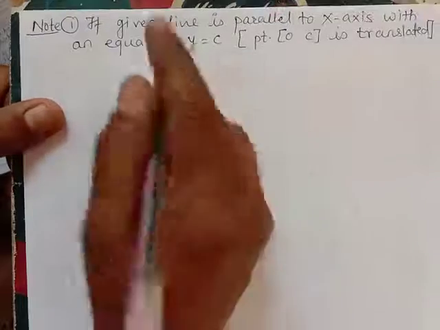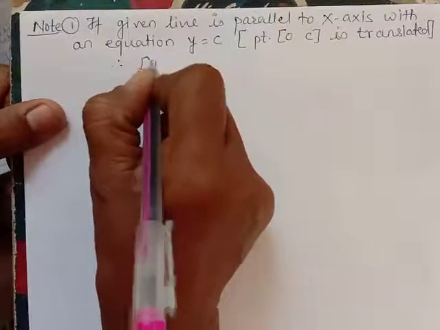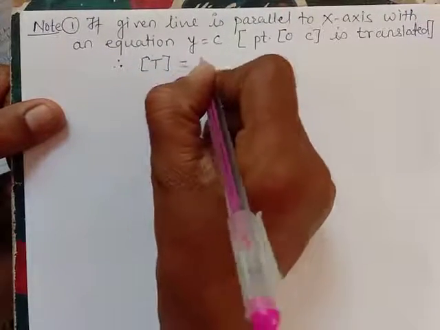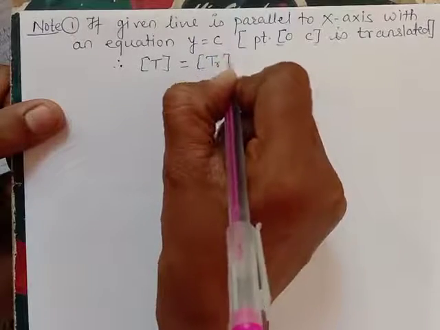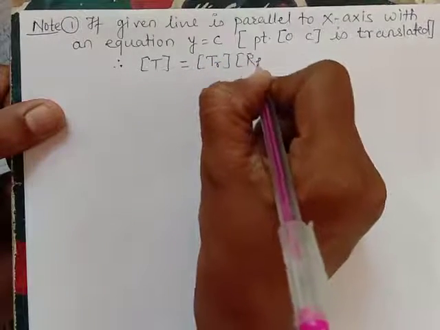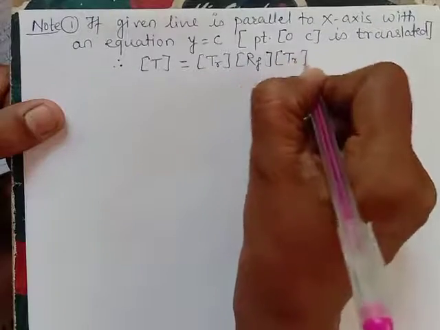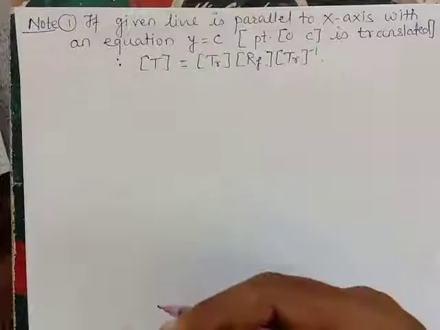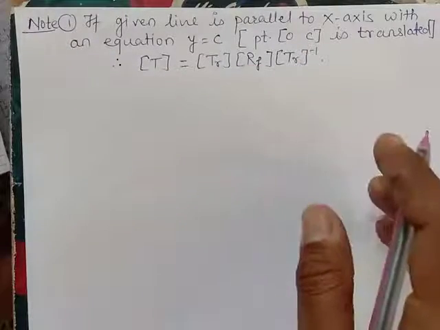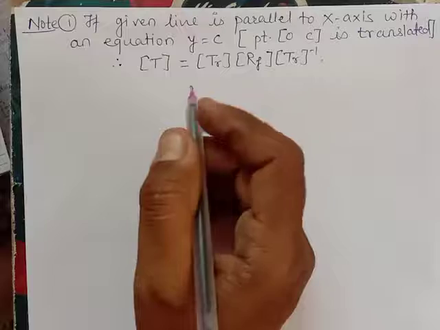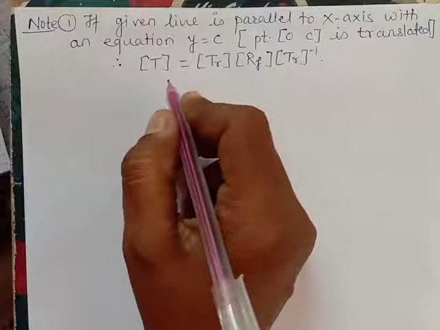Therefore our T will be translation, reflection and inverse translation, because rotation is not required here. After translation the line coincides with the x-axis itself, that's why that part is not required.